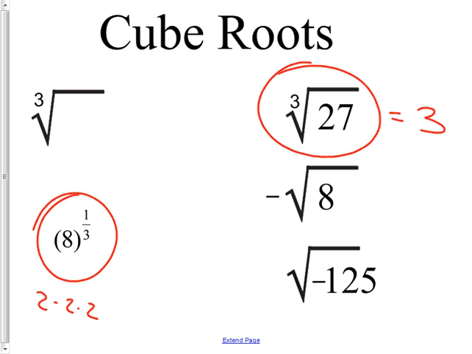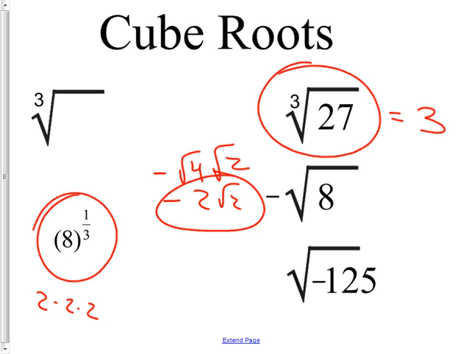Because what is this one? It's a square root. There's no 3 there. So it's a square root. So really it's supposed to be negative square root of 8. And the square root of 8 is really square root of 4 times the square root of 2. So that it's negative and then 2 and then root 2. There's your answer, -2 root 2.